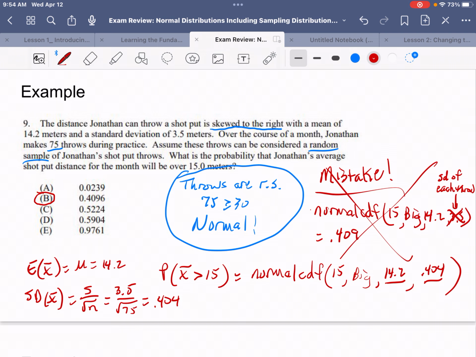And now the calculator tells me 0.023 is the correct answer. And so it's actually answer choice A. B was there to distract you. B is the probability that any one of his throws would be longer than 15 meters. A is the probability that the average of 75 throws will be over 15 meters. So you've got to know the difference.